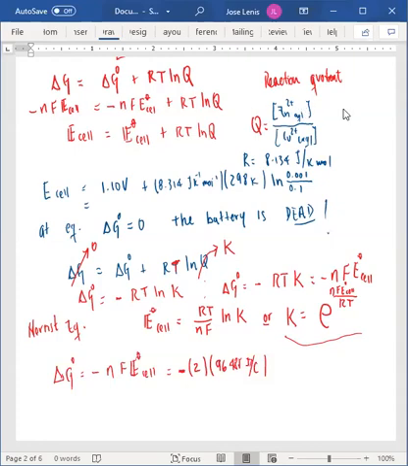I'll try to make this work. Okay, I think I will have to do some scratching here because I lost coulombs.